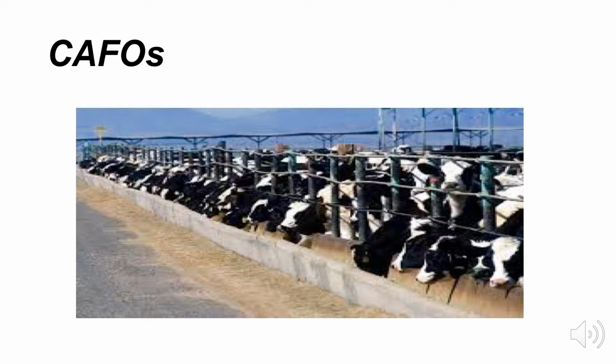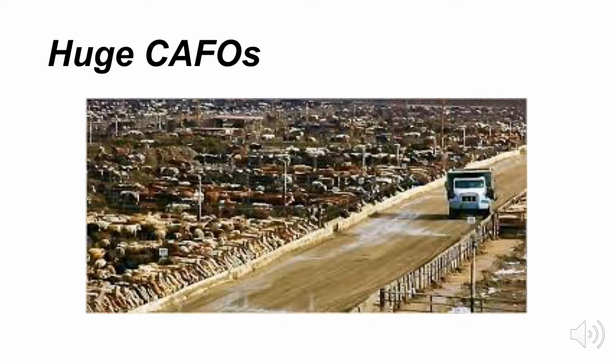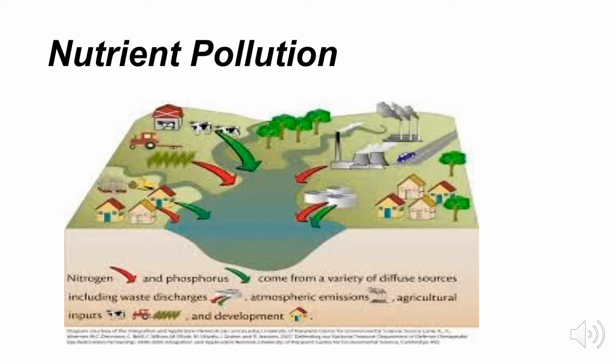We have areas of the United States and areas of the developed and developing world where we have huge operations of confined animal feeding operations. For instance, here's a picture where you just have one confined animal feeding operation after another. Any leakage from that operation, any nitrogen or phosphorus that comes off the surface of that land can end up in surface water and cause nutrient pollution. Lots of things cause nutrient pollution.